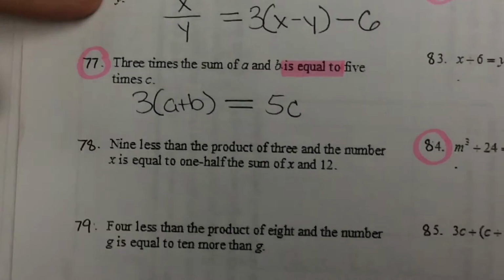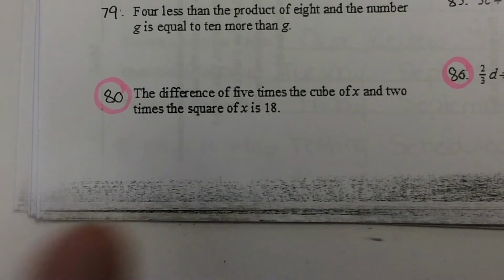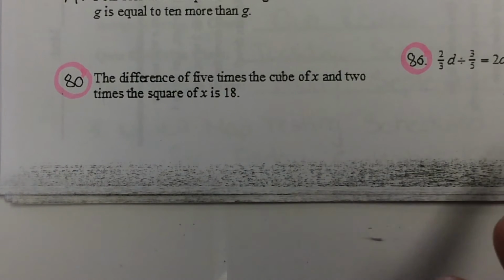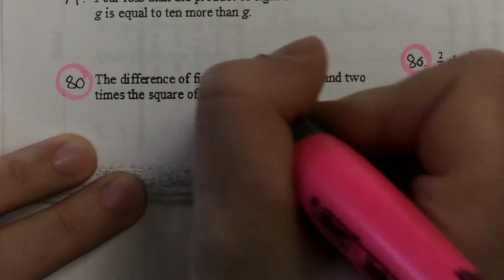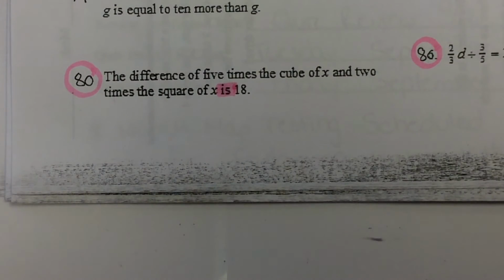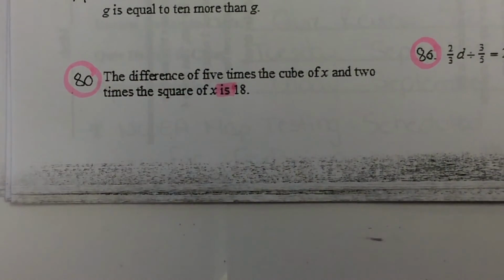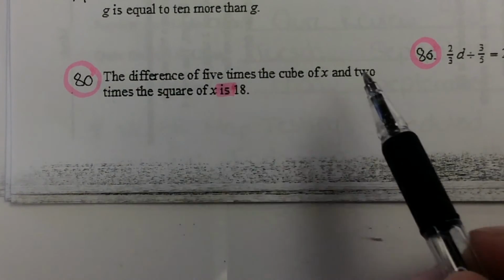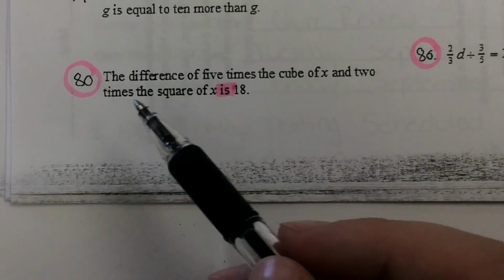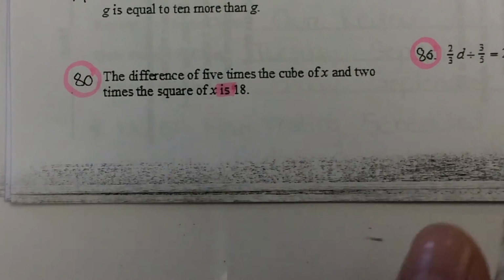78 and 79 you're going to try on your own. 80, the difference of 5 times the cube of x and 2 times the square of x is 18. There's "is," so there's where you're going to put your equal sign. Pretty much all of our words are going to be on the left side of this equal sign.